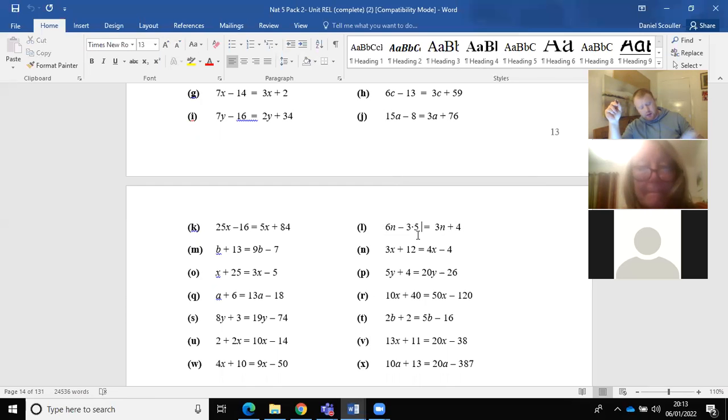I think we do a past paper question soon, probably next week, and it's got another decimal in it. So it's probably about time we start using them, but we can do it both ways. We'll make sure that we know what fraction makes what decimal. So you're right, you could write that as 3.5, or you could write it as a fraction.